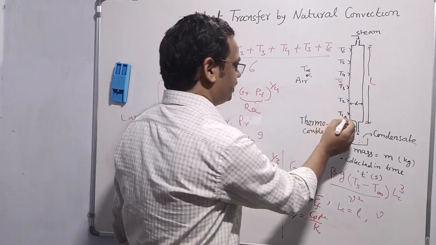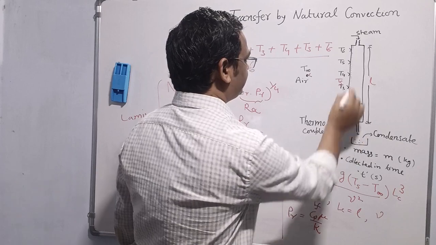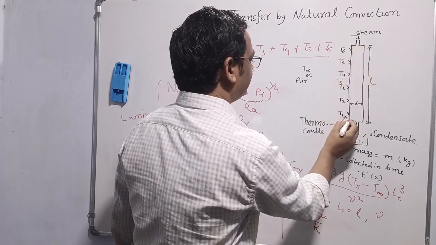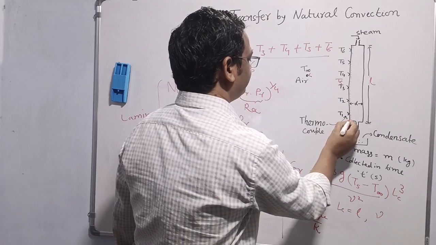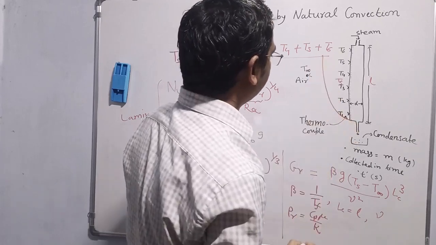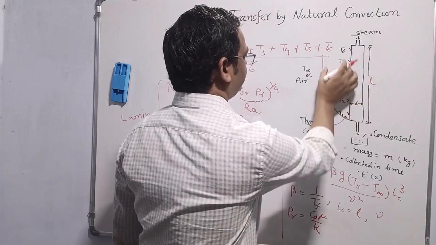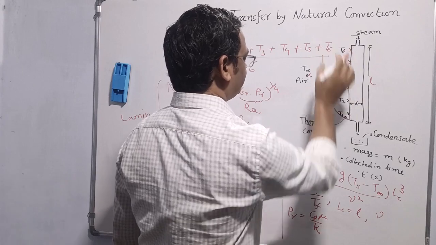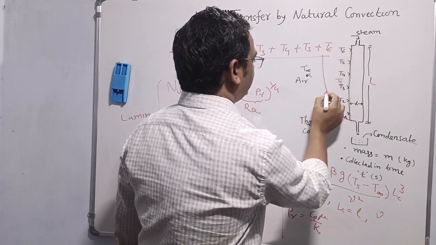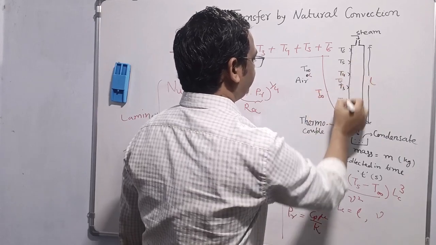What is the film temperature, Tf? We can draw the profile. In case of a vertical plate or cylinder, we see the profile this way. I am not going into detail. So the thickness of the boundary layer increases when we go up, and the outside temperature is T infinity everywhere, the surface temperature is Ts.